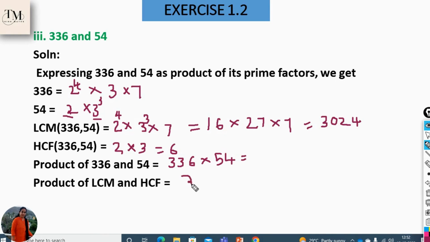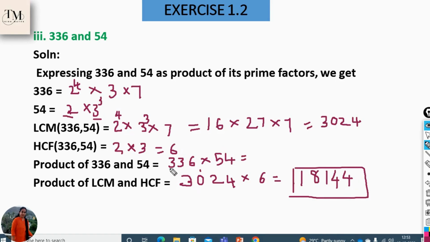So LCM is 3024 into HCF, which is 6. 6 4s are 24, balance 2. 2 6s are 12, 12 plus 2, 14, balance 1. 0 into 6 is 0, 0 plus 1, 1. 6 3s are 18. So remember this value: when we calculate this product using line method, we should get 18144.